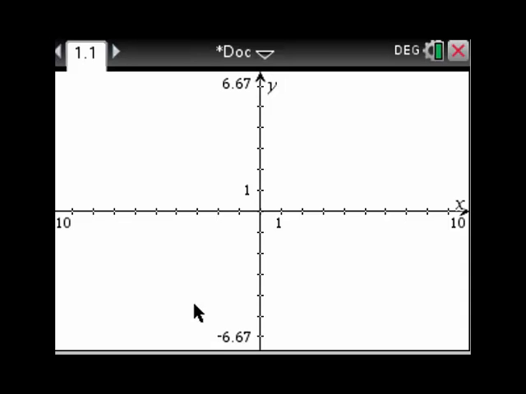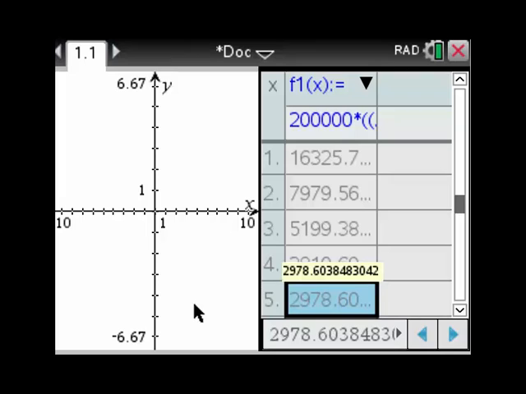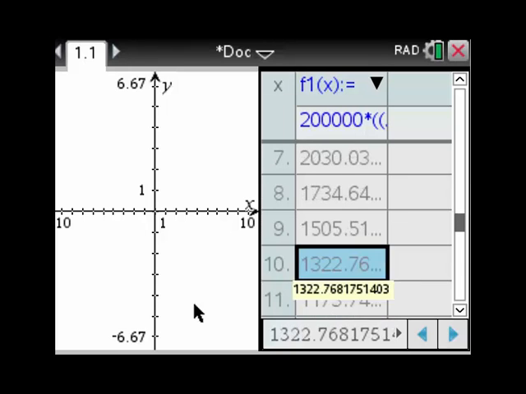So Control T. So 1 is $16,325.70. 5 is $2,978.60. 10 is $1,322.77.